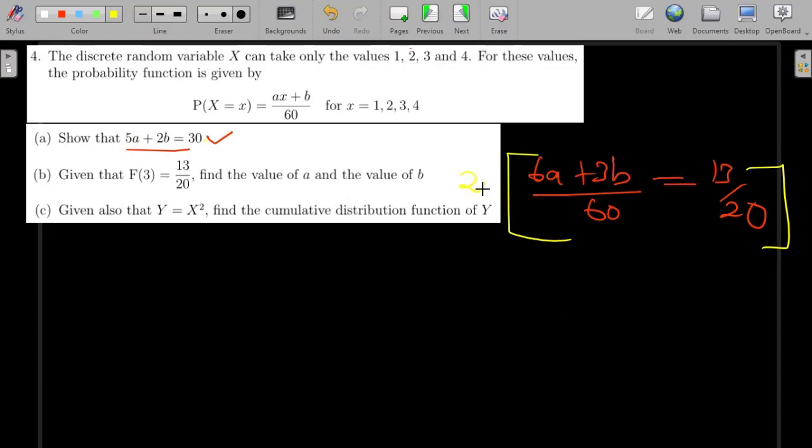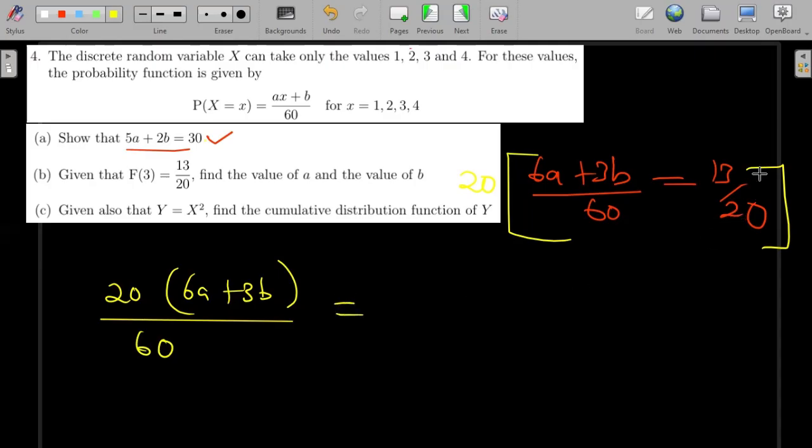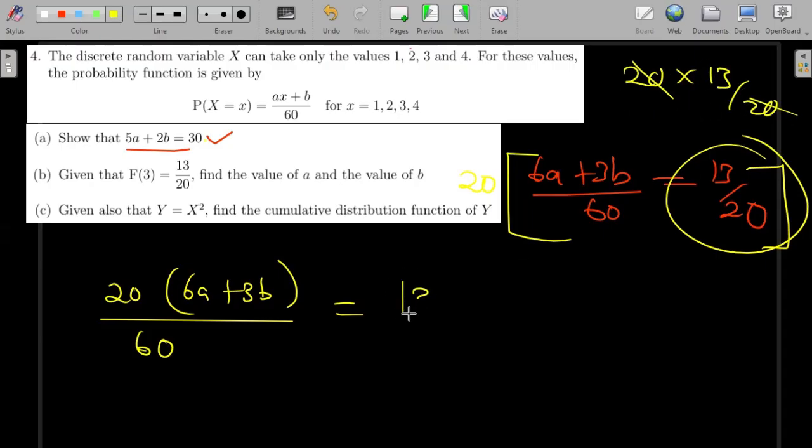If I multiply by 20 here, I have my 6a plus 3b over 60 is equal to, if I multiply this side by 20, 20 multiplied by 13 over 20. So this 20 and this 20 will cancel, and I'll just remain with 13.